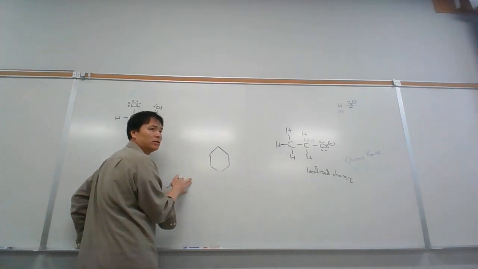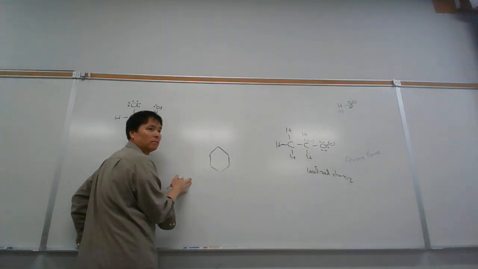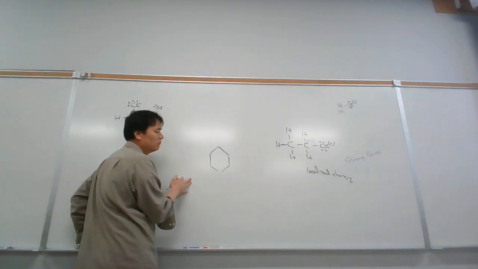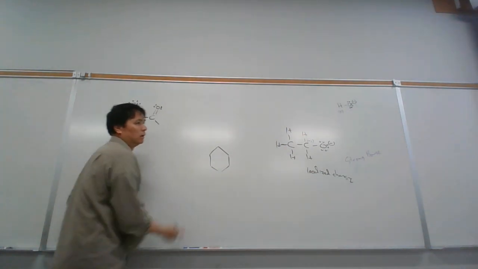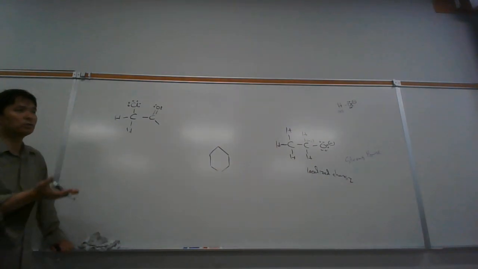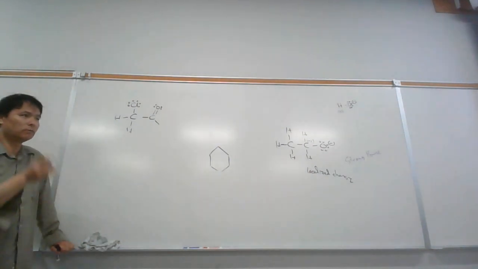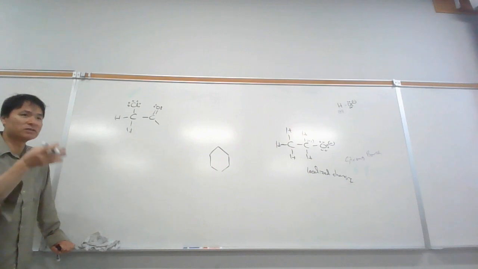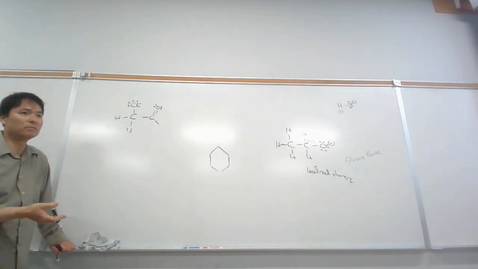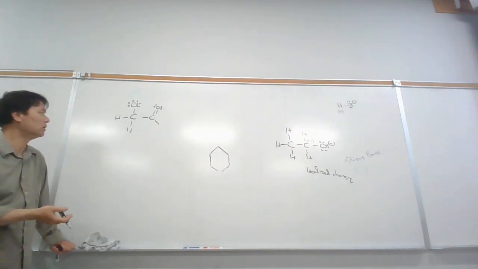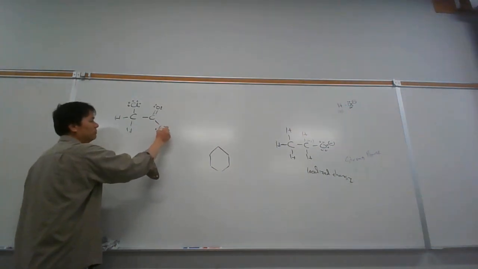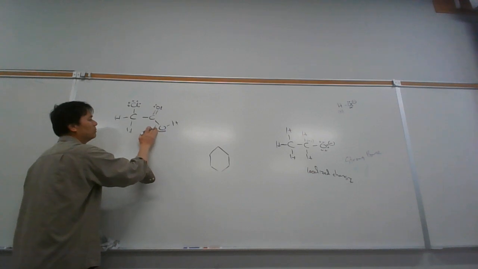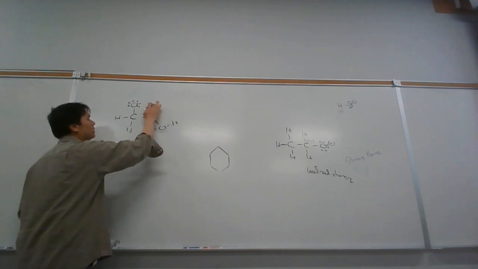How many hydrogens are on each carbon? 2, and how many double bonds are there? When you see a structure without lone pairs, you've seen it so many times you can see it. The problem is that when people are starting out, they don't know, so you have to make sure you do it. Once you can visualize this, even if there were no lone pairs here, I could easily see how many lone pairs there are.